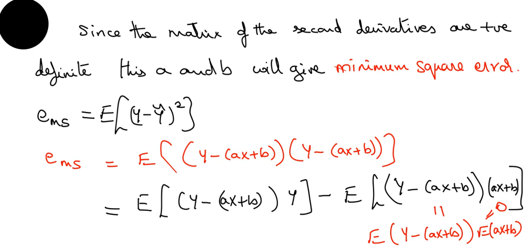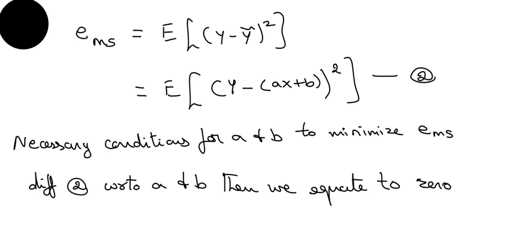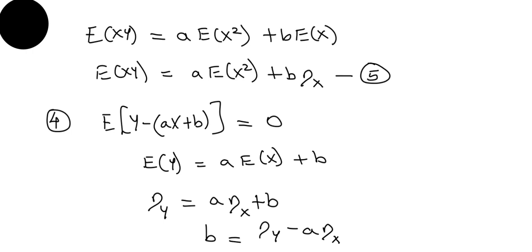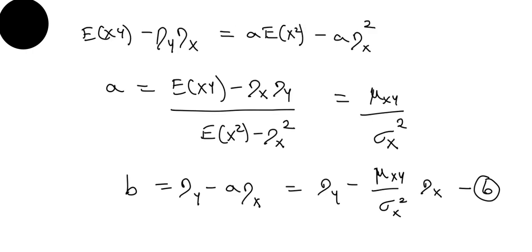Let us make a quick review of this. Let us go a little above. We are having y minus ax plus b the whole square. From this we are resolving. When we resolve, a eta x is equal to eta y minus b. Then what is my a over here?